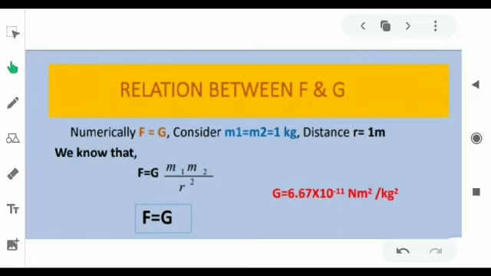The extremely small value of the gravitational constant tells us that the force of gravitation between any two ordinary objects will be very weak. In the universe each and every body attracts each other, but you cannot see their attraction because this force is very weak.